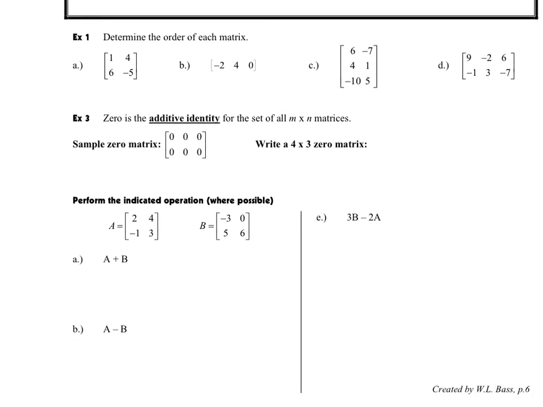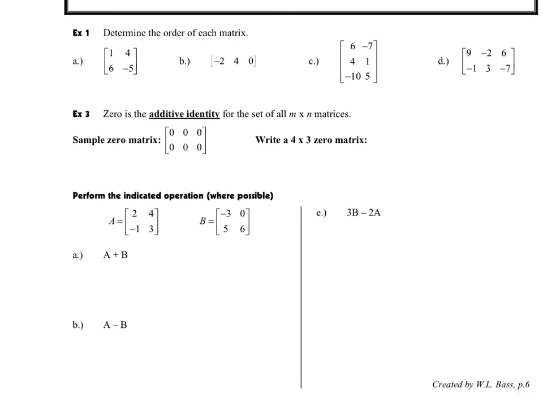If we want to talk about the order for each matrix, remember, order is written rows by columns. So what we would do is count how many rows, and we'd say, oh, we have 2. And then we use a little x, which we read as by, and then we'd say how many columns, and we'd say, oh, we have 2 across. So we'd say this is a 2 by 2 matrix.